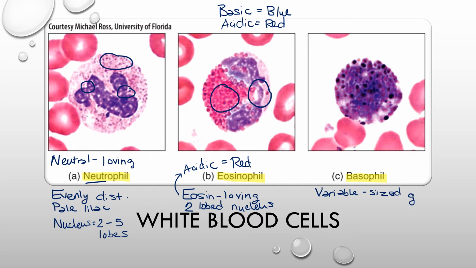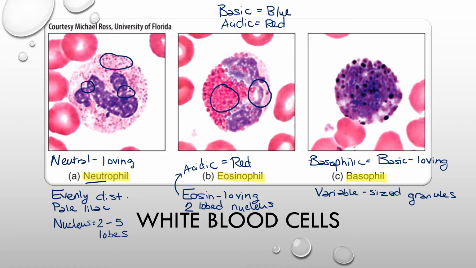So variably sized granules, and these are basophilic. Basophilic means basic-loving. So this means that they stain very dark blue and purple with the basic dyes.